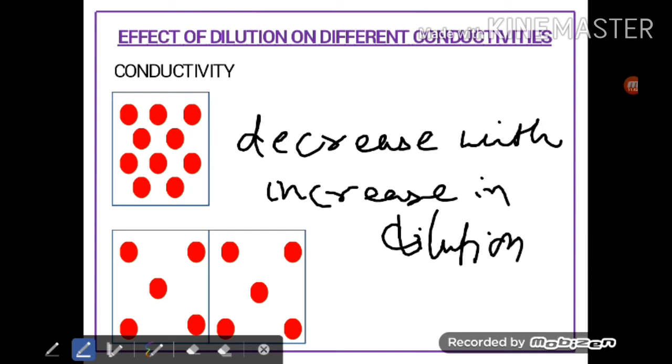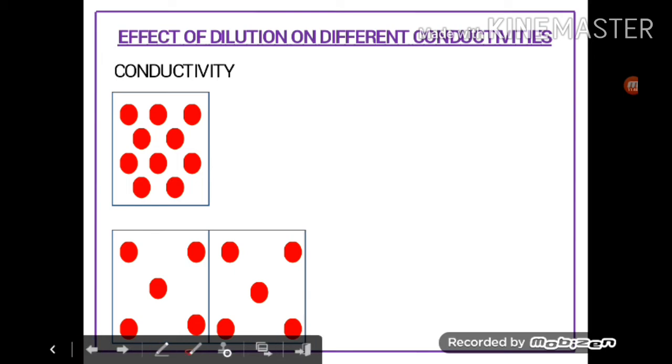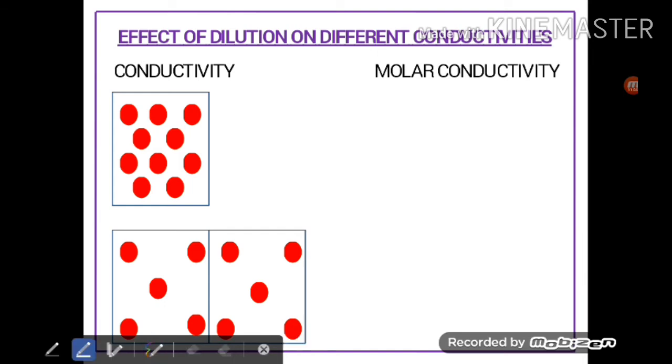Okay, it means if we are going to add some more solvent, the conductivity will decrease. Now see, what is the effect on the second type of conductivity, that is molar conductivity. What is molar conductivity? In molar conductivity, the simple thing is the conductance of 1 mole of solute.